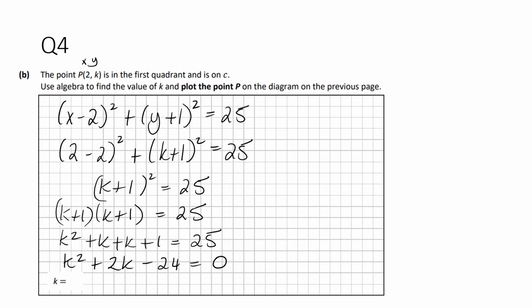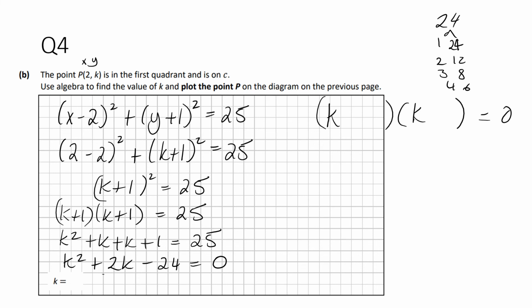So now we want to open up our factorising quadratics. We open up k squared as k in one bracket and k in the other, and we make it equal to 0. We're looking at factors of 24: 1 times 24, 2 times 12, 3 times 8, and 4 times 6.